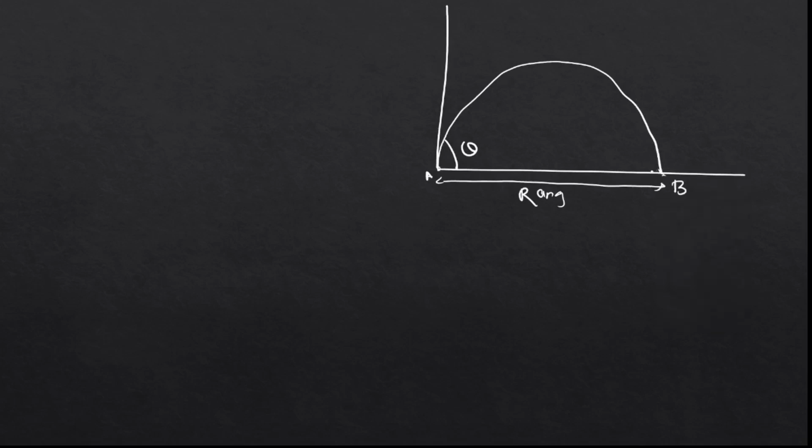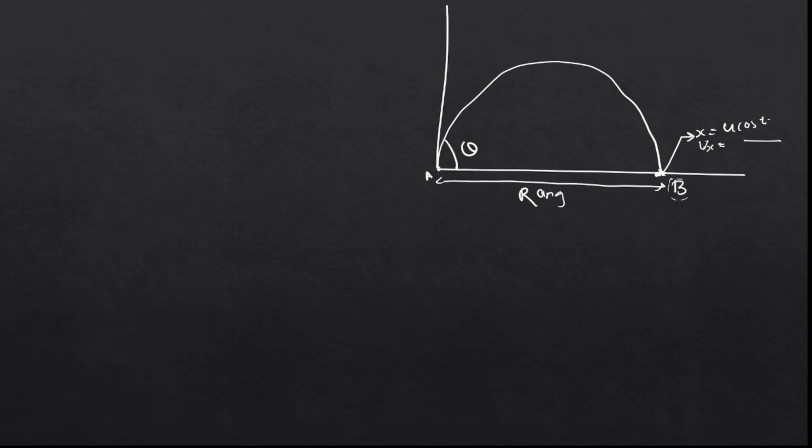So see here, at point B, what is happening? It will only have its x component, right, because it is on the x-axis. Its y component would be 0 at this point B. That means we only have x, which is equal to u cos theta t, and we only have its horizontal velocity that we have found, right?